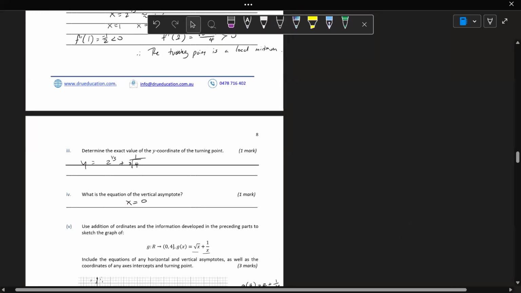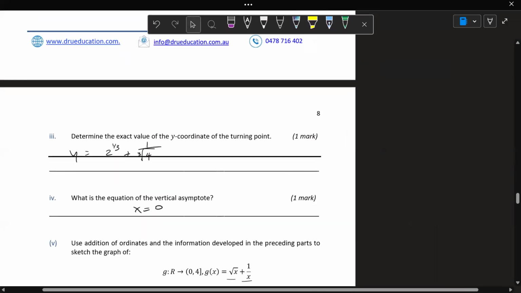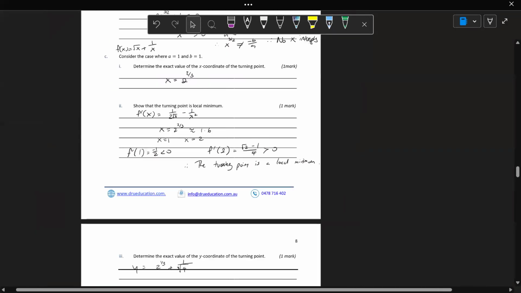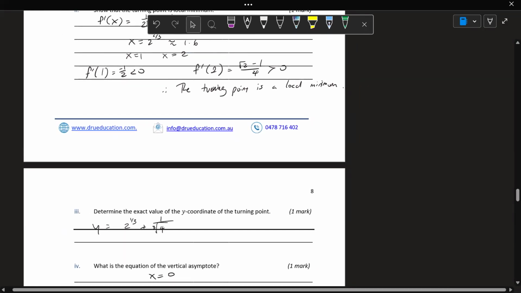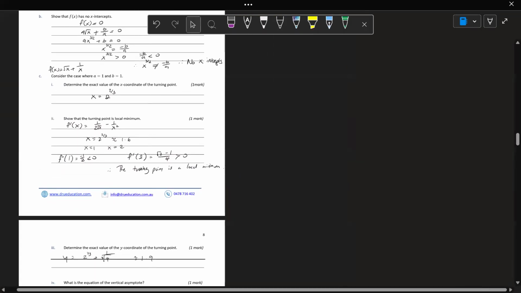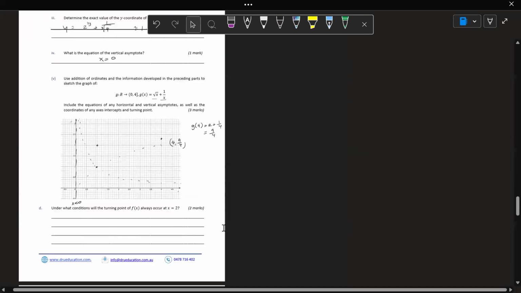And we need to remember the turning point. So the y value is approximately 1.9, and the x value is about 1.6.